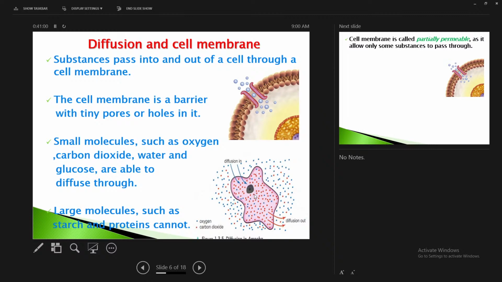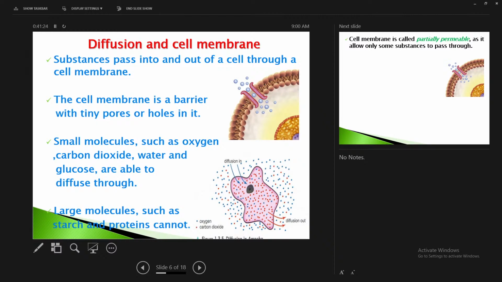The place of high concentration for the carbon dioxide is actually inside the cell, simply because cells normally produce carbon dioxide. So this carbon dioxide that the cell produces needs to leave the cell.